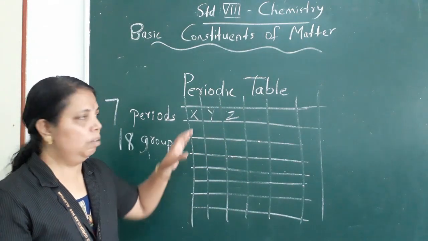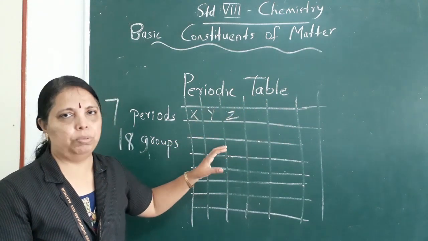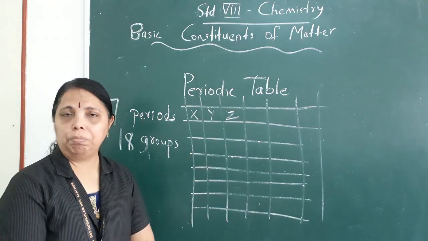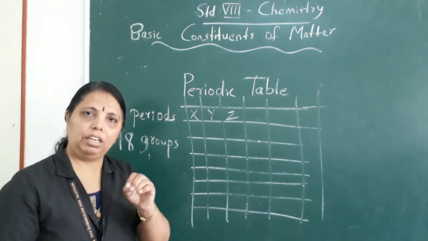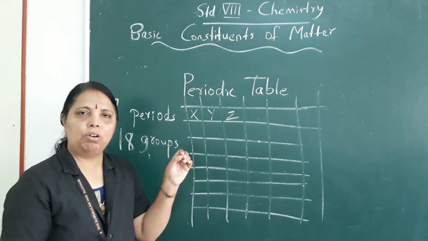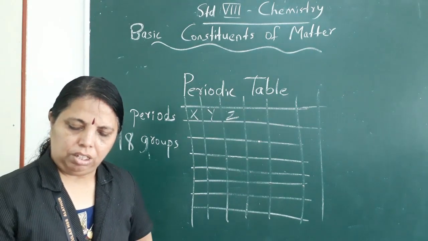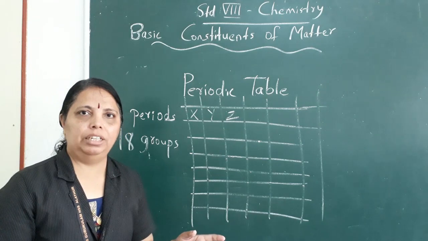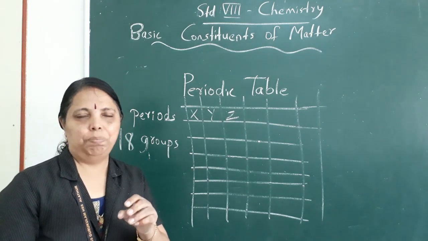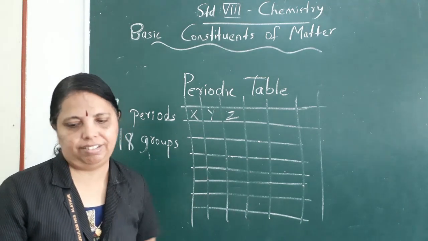Okay? Now all the elements have a special place in this table as per their atomic number. What is atomic number? You will have a doubt. Don't worry, you will study in 9th standard. Okay? So this is about the periodic table. Now, if you want, you can have a look at the periodic table and look at some elements that you know where it is. But no need of going into detail, just because now you are in 8th standard.